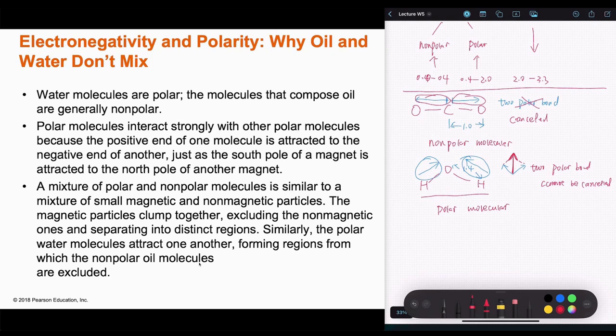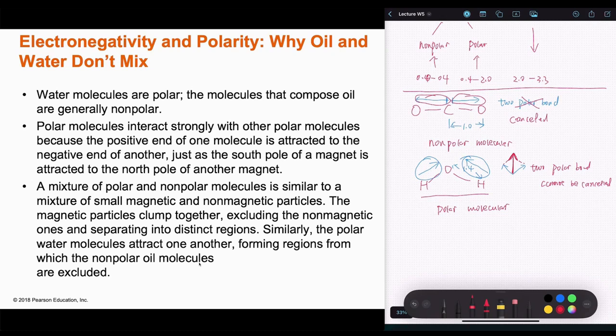So chemists define a rule called like dissolves like. This rule states that a polar molecule interacts strongly with another polar molecule, because the positive end of one molecule is attracted to the negative end of another, just like the south pole of a magnet is attracted to the north pole of another magnet.